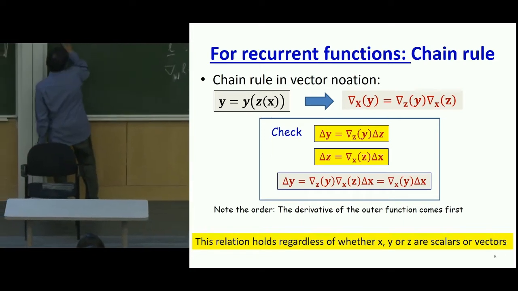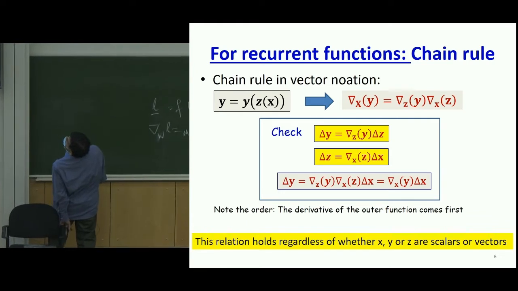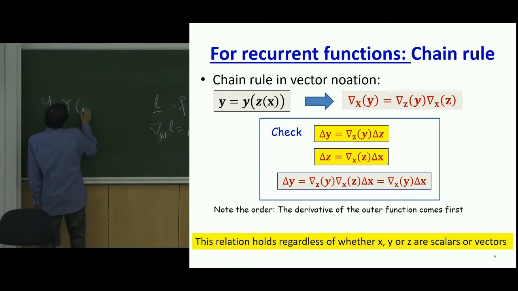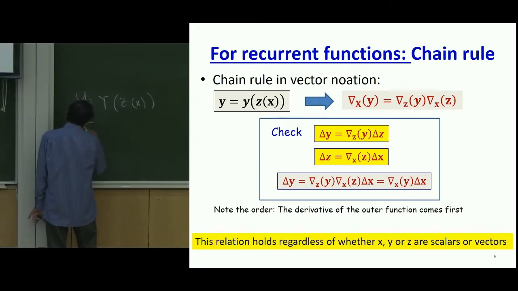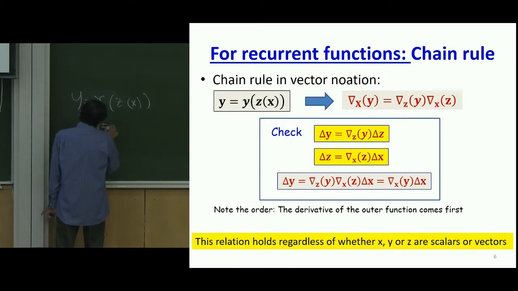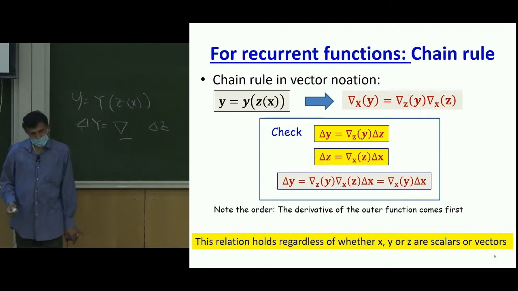I said let's say some... what did I call this? What am I calling the variables? Some y equals y of z of x, right? If I have this, then in terms of derivatives, if I want to express delta y in terms of delta z, then what is this term over here?